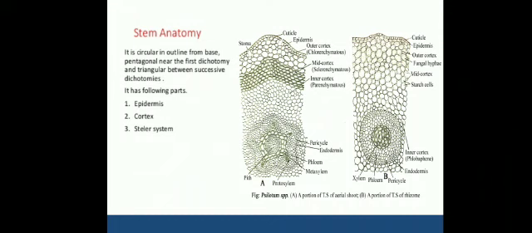Internal structure or stem anatomy of the aerial shoot. The internal structure shows the following tissue systems: epidermis, cortex, and stellar region. The epidermis of the aerial shoot is one cell thick with a heavily cutinized outer wall. The epidermis is interrupted by stomata.